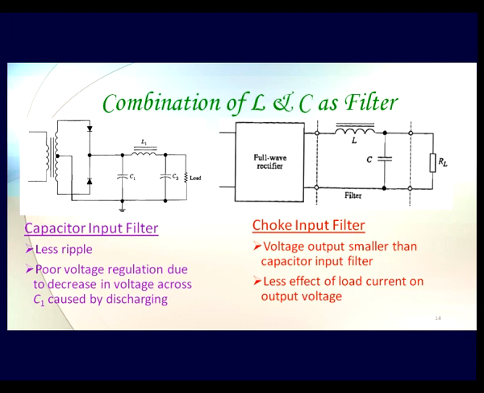But if there is any change in the load current, then the effect of that change will be very small on the output voltage. So the output voltage will be quite stable irrespective of change in the load conditions, because in the case of a capacitance filter, if you remember, the load change was affecting it through a change in the discharging time of the capacitor. But in this case that is not going to happen, and so we have a lesser effect of the change in the load on the output voltage.